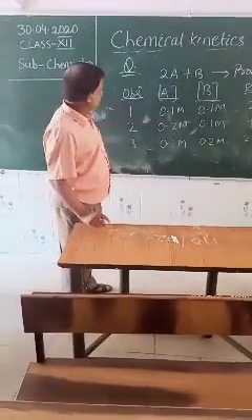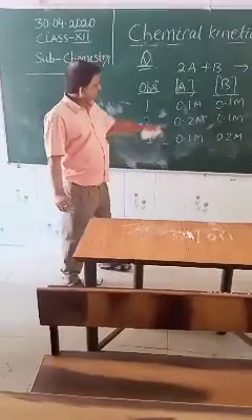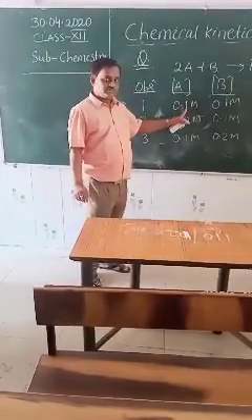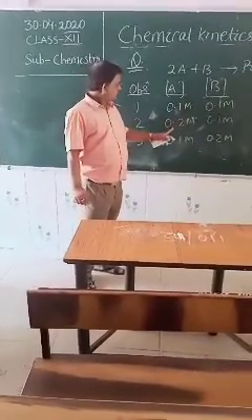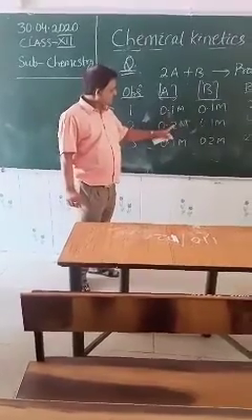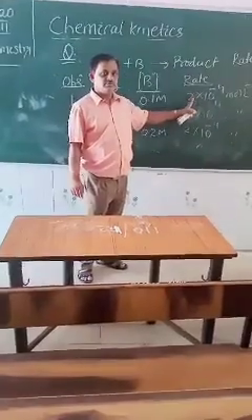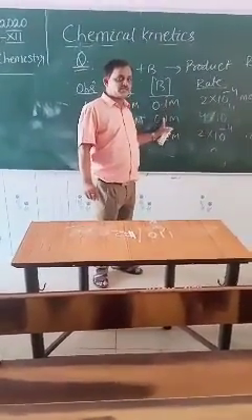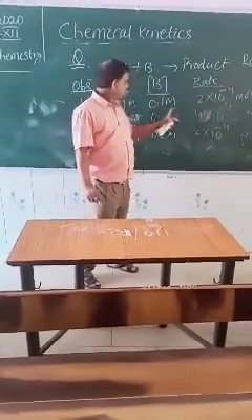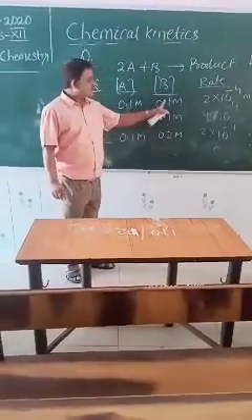Students, in this question, concentration of A is 0.1, and when the concentration of A is doubled, you see the rate is also doubled. Concentration of B does not change.